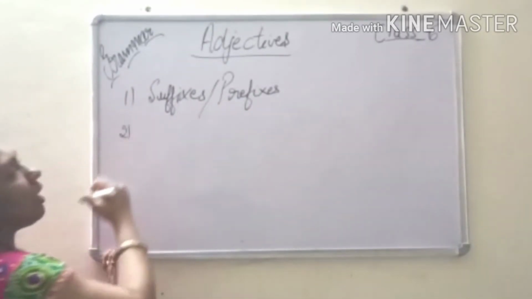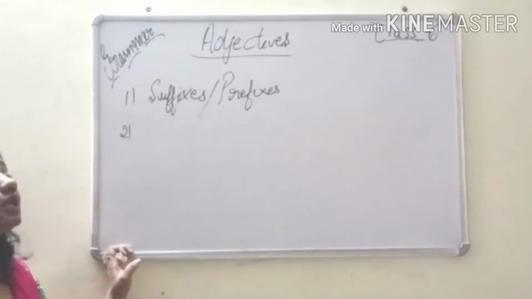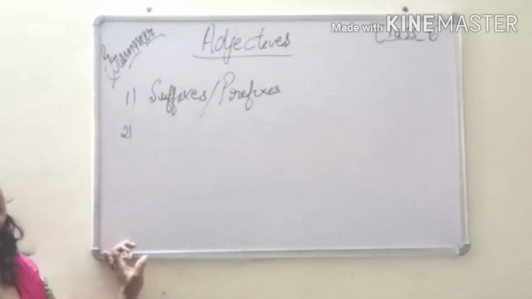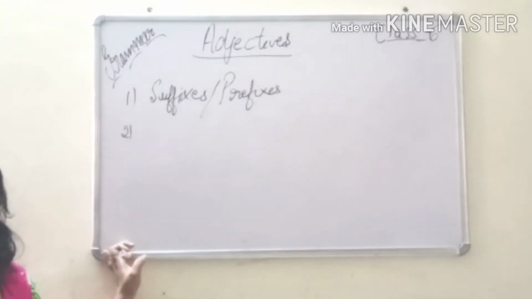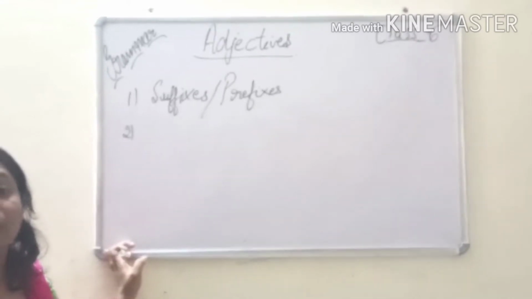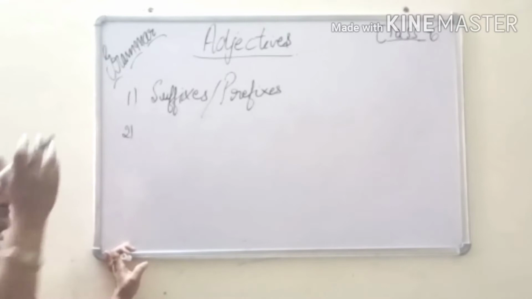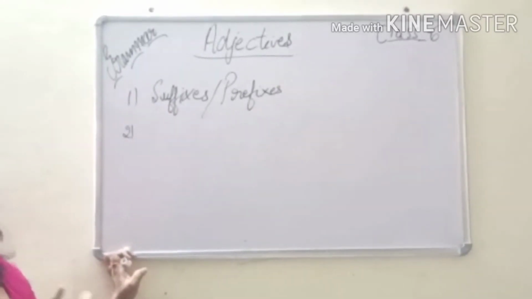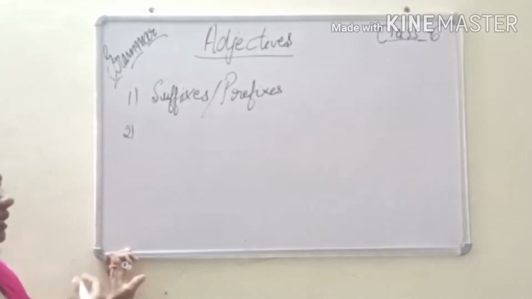I hope you have understood these terms. But today we are going to do these two terms in detail with many examples. You will see how the meaning of a word is changed, how you can frame a new word, and how you can add the prefix and suffix to the root word. This way we will be doing it in detail.